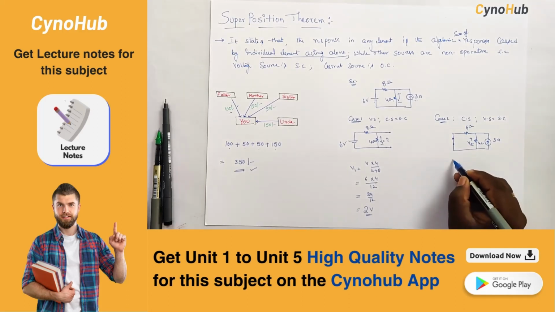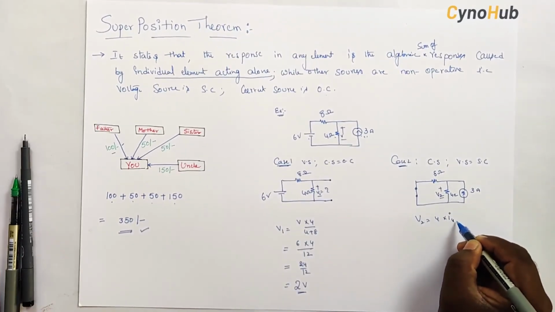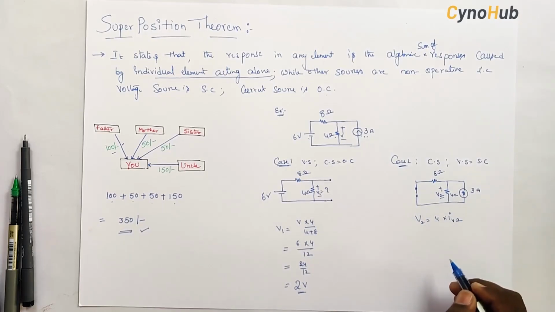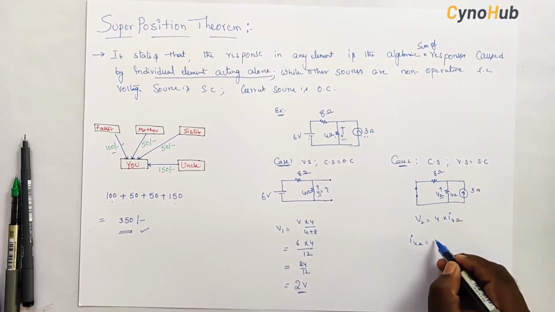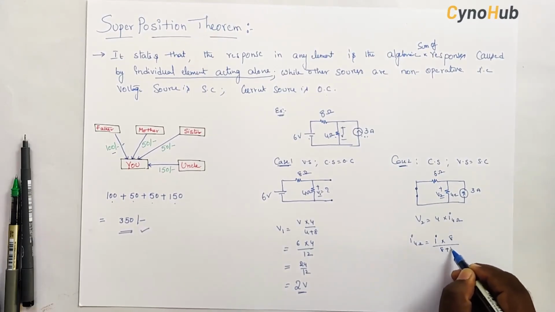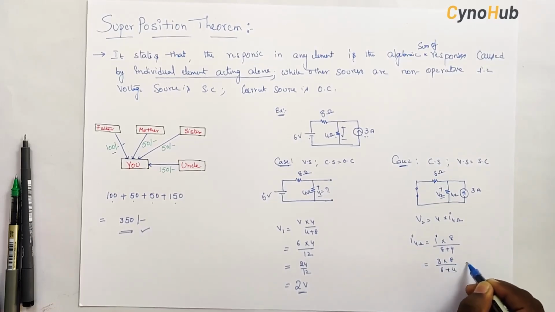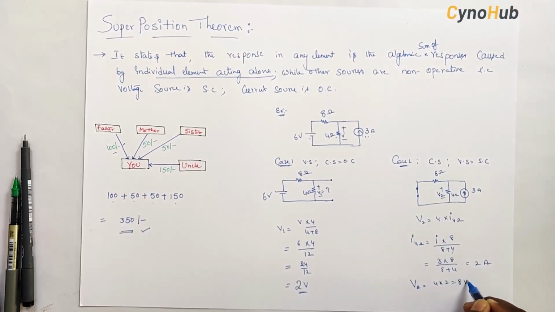V2 is 4 into the current flowing through the 4 ohm resistance. What is the current flowing through the 4 ohm resistance? Use the current division rule: total current into the opposite resistance by the sum of those two resistances. 3 into 8 by 8 plus 4, it is 2 ampere. Then the voltage across 4 ohm is 4 into 2, 8 volts.